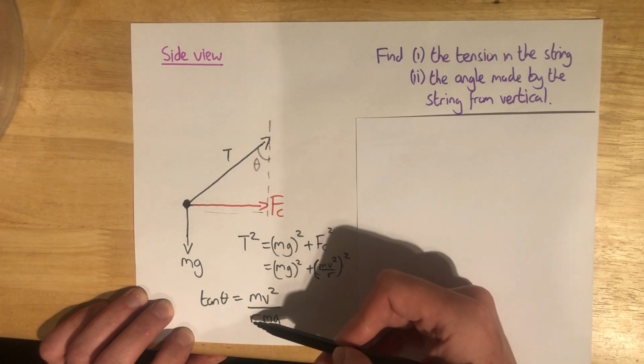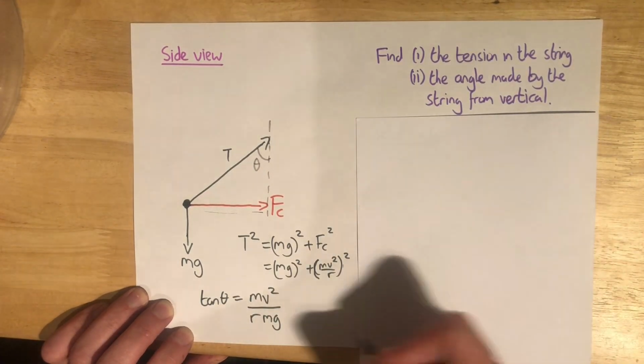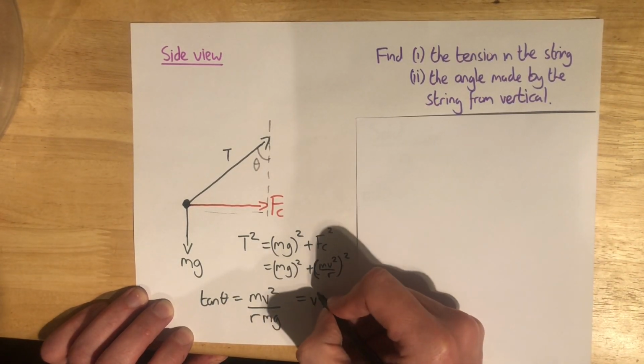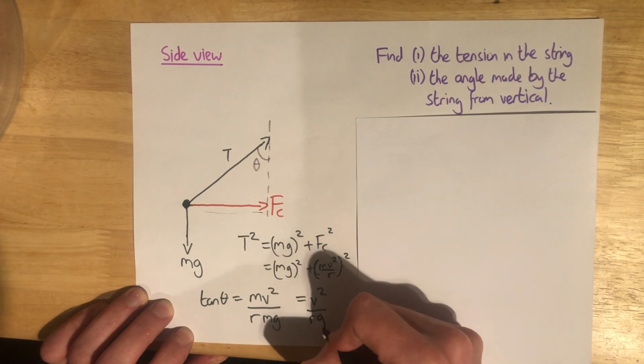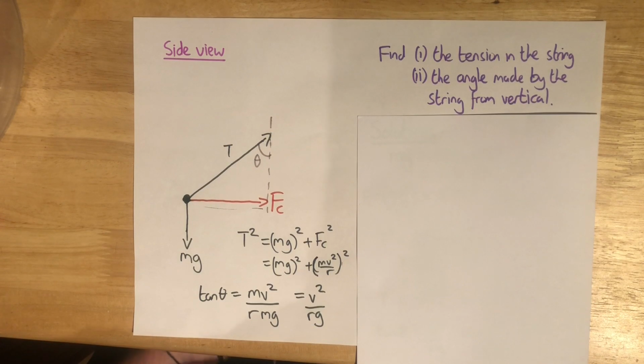Because that's already divided by r, you'll notice that the mass actually cancels out. So this just simplifies down to be v squared over rg. And the point of that being that the only two variables that would affect the angle are the radius of the circular motion and the speed.